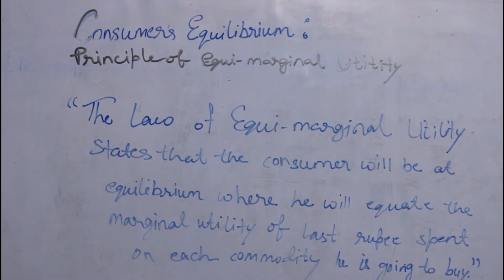The theory says that the consumer will choose a point where the marginal utilities derived from the last rupee spent on each commodity he is going to buy are equal. That means he will not equate the marginal utilities derived from different goods, but he will equate the marginal utility of the last rupee spent on each commodity he is going to buy in the market.